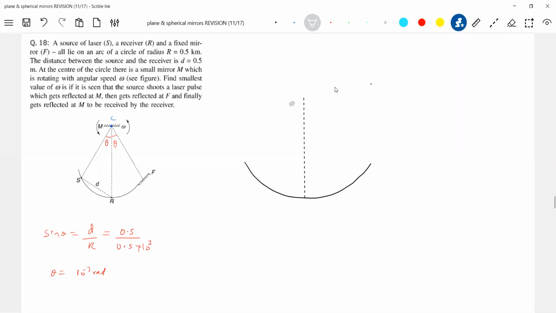This should be the position of the mirror. The ray which is incident, after reflection, should pass through this one.